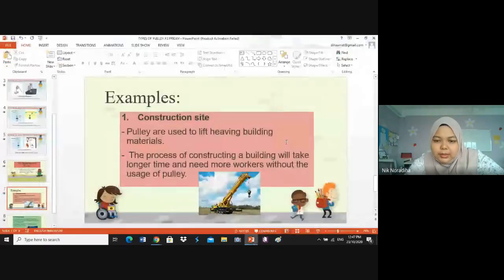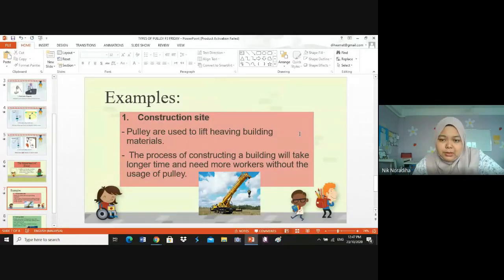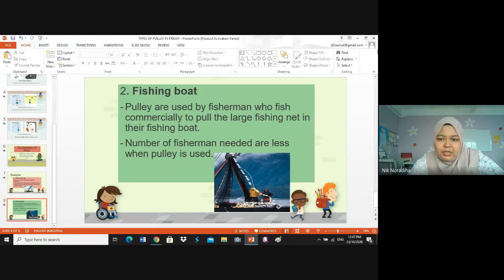If you see the crane, you try to remember, oh, I have learned this in my science class. The crane uses pulley to lift up the heavy building material. That's the thing with science. You have to apply it in your daily life so that the knowledge will stay with you for a long, long time. Okay. So next one we have the fishing boat.